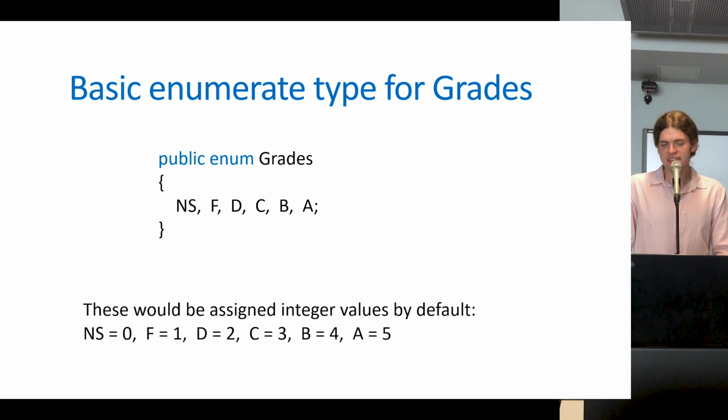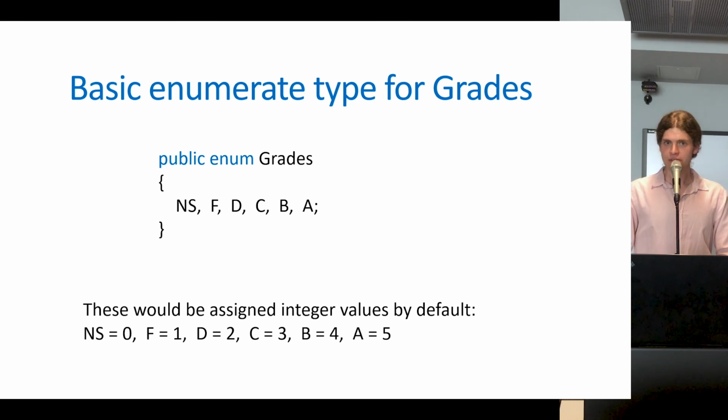And in this basic example, what we define between the braces here are the values themselves for the enumeration, which are our letter grades in this case. And notice they're separated by a comma. And then at the very end, we've got a semicolon just to finish the list. Okay.